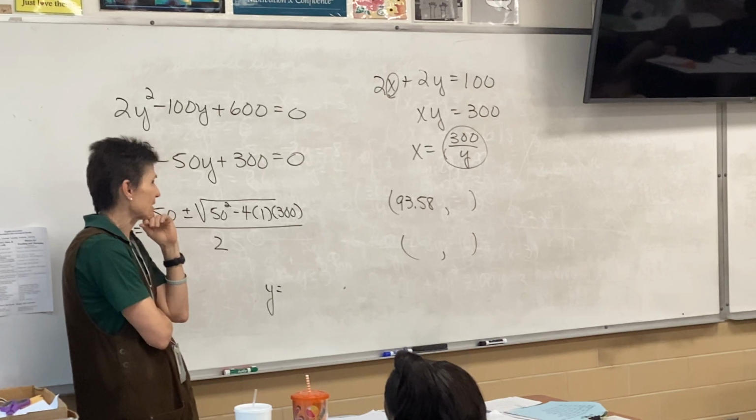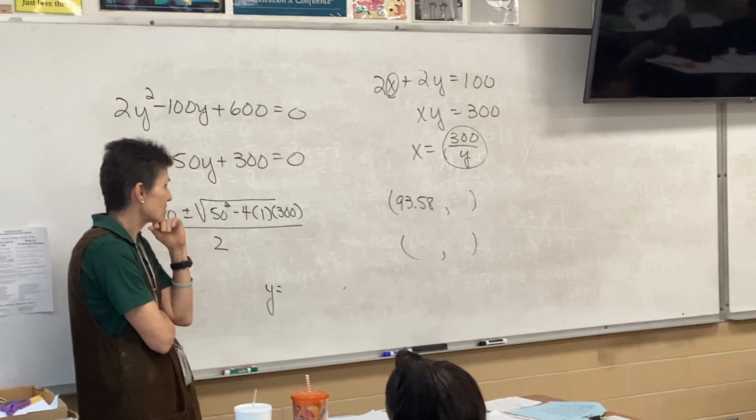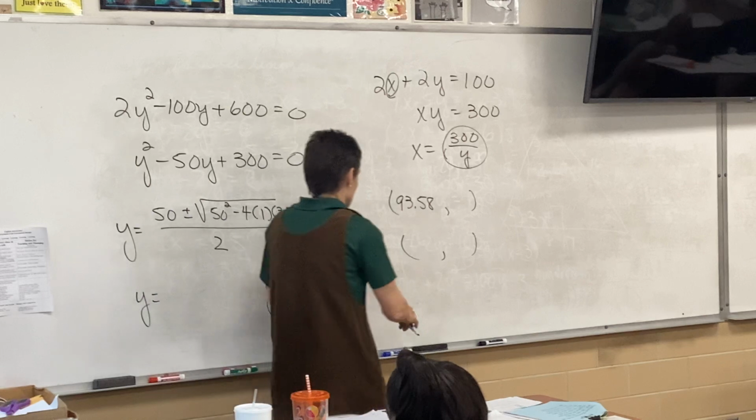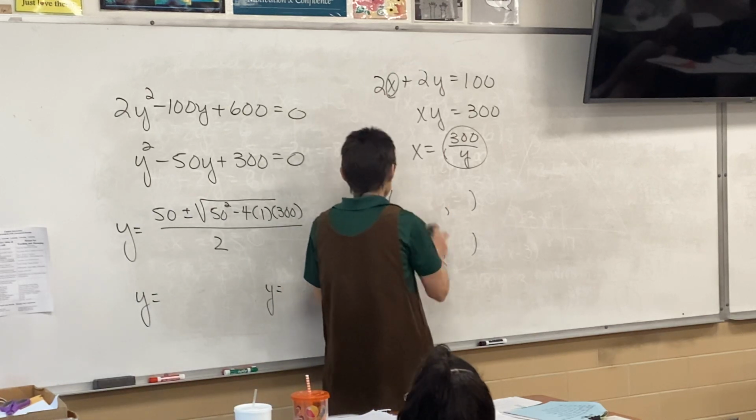I don't think that's right. I got 43.02. That's for plus. What did I get? So it's not this. That's too big a number.